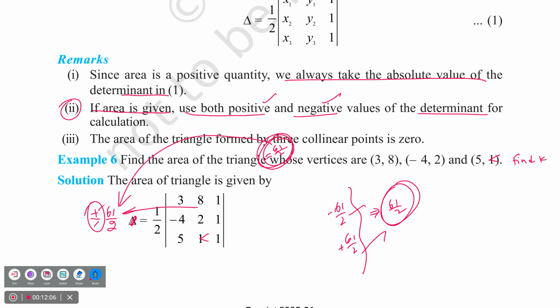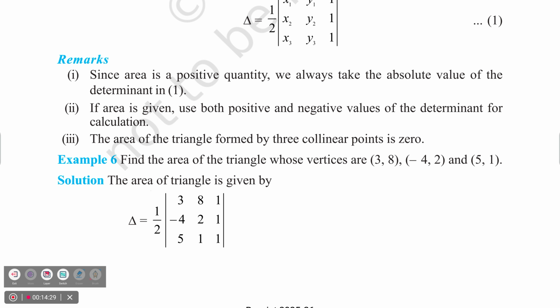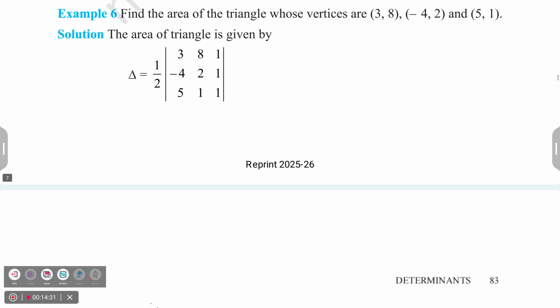Means if it comes negative, you take positive. If you get positive, always take positive, not an issue. That is the first point. When you take the determinant, if you get negative also take positive. Suppose area is given, when you go to the determinant, take plus or minus, because we don't know whether the answer comes positive or negative. So I am taking both. Okay. Points 1, 2, 3 are very important.